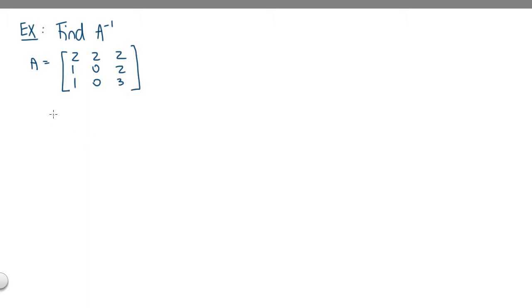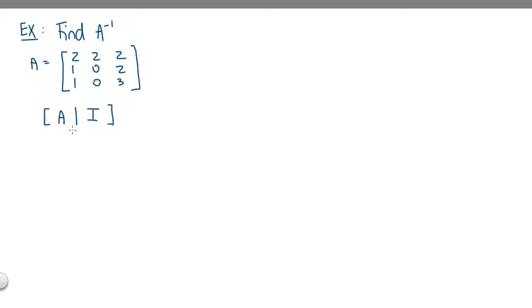So the general procedure for finding the inverse matrix for 3 by 3 or 4 by 4 or larger matrices is to write down your matrix A, draw a vertical bar, and beside it write down the identity matrix of the same size.